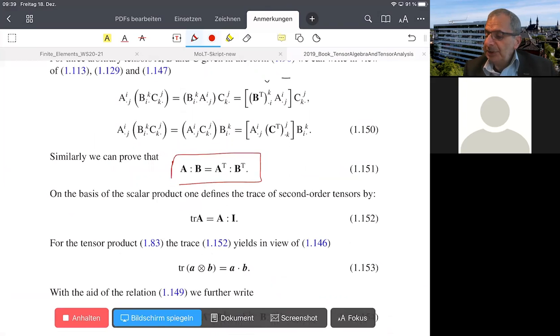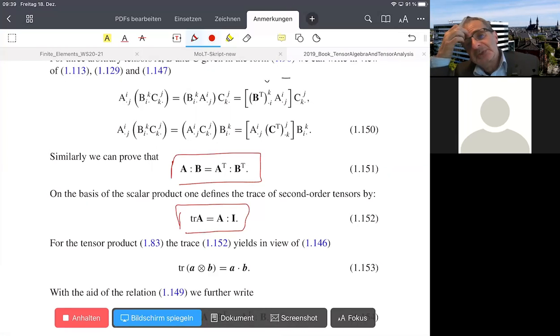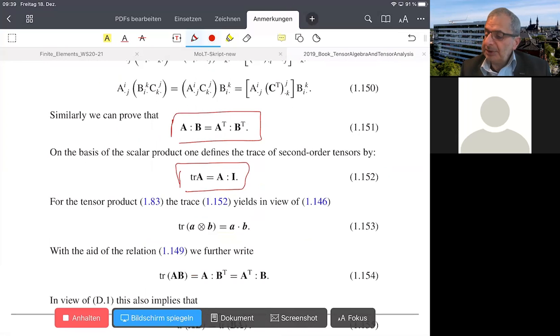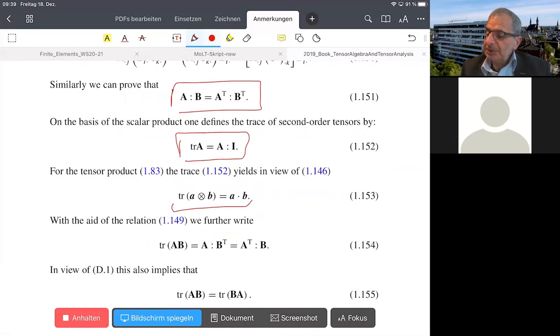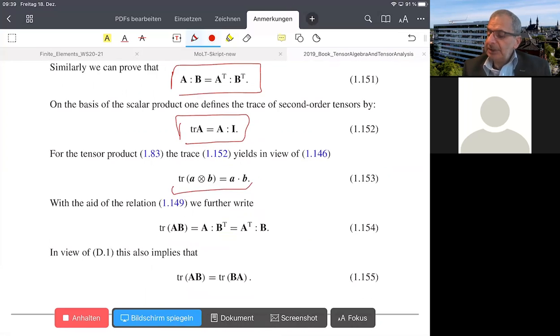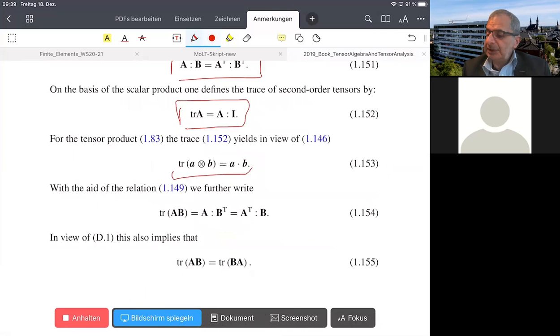And based on the scalar product, we define the trace of a tensor. It is simply the scalar product by the identity tensor, and we saw today in the exercises how we calculate this trace using different kinds of components, homogeneous components of a tensor A or mixed components. Another important result was this formula for the trace of the tensor product, and the trace of the composition of two tensors can be obtained in this way.